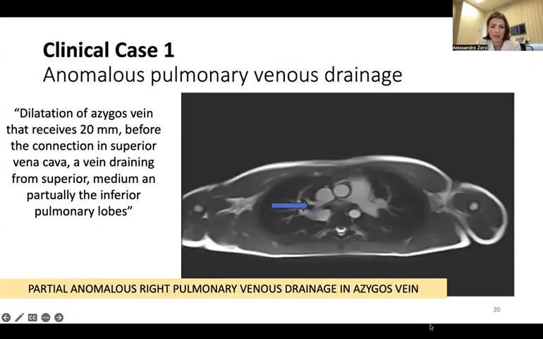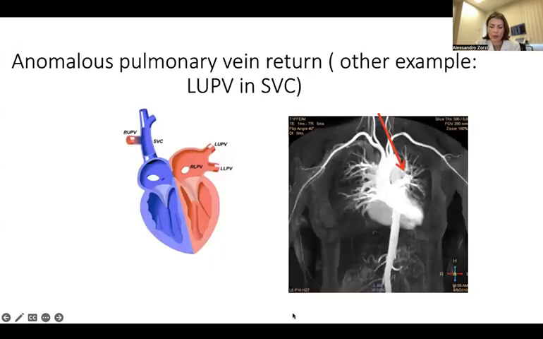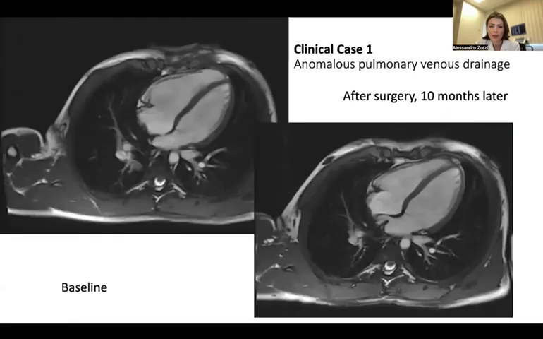And finally, during the scan, we could see a dilatation of the azygos vein. It was a case of partial anomalous right pulmonary venous drainage in the azygos. So this is another similar case with a superior pulmonary vein in the SVC.